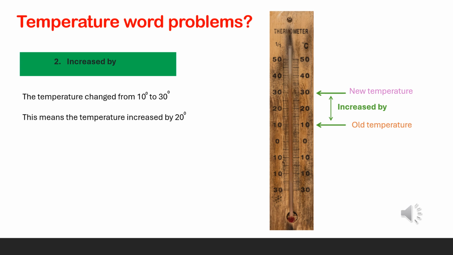If I point the temperature on the thermometer, you can see that the temperature has increased from 10 degrees to 30 degrees, and the amount that it has increased by is the difference between 10 degrees and 30 degrees, which means my temperature has increased by 20 degrees.